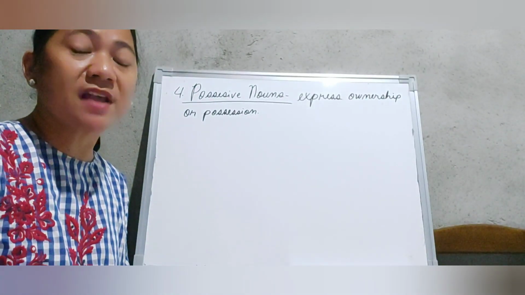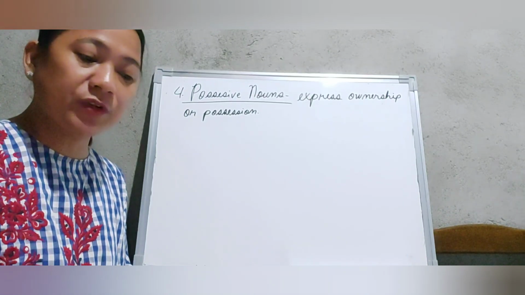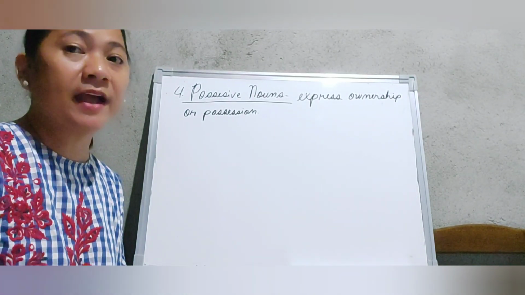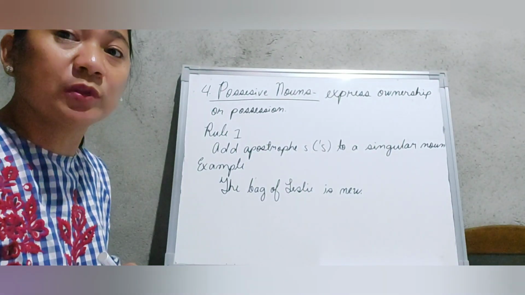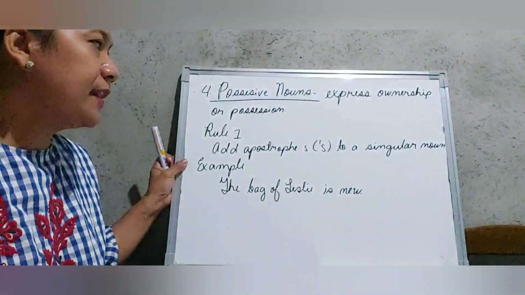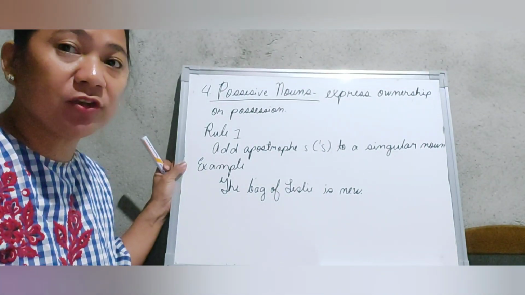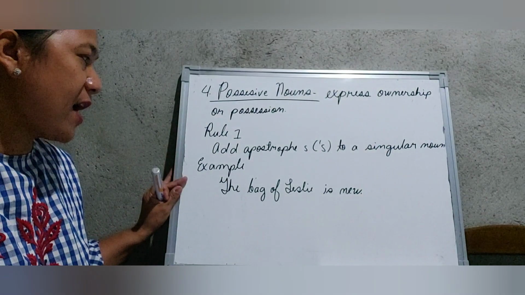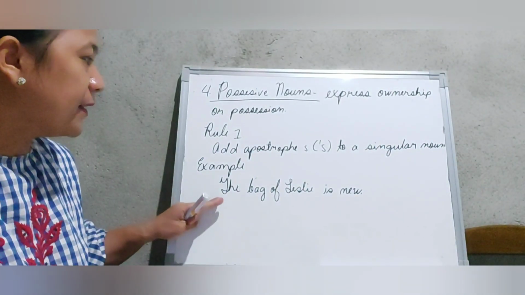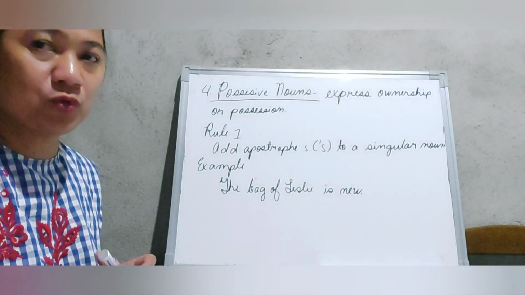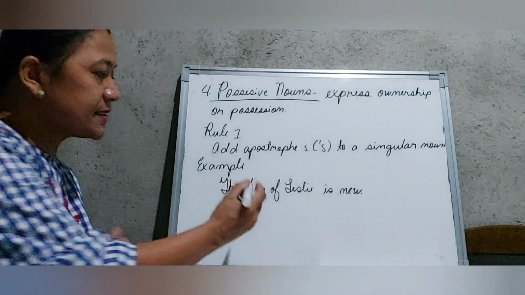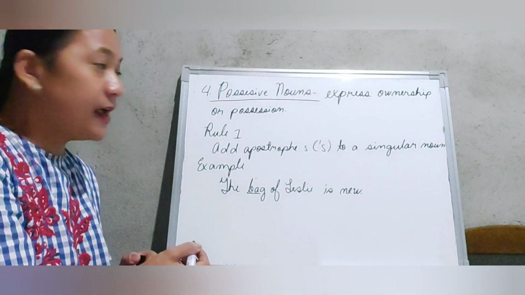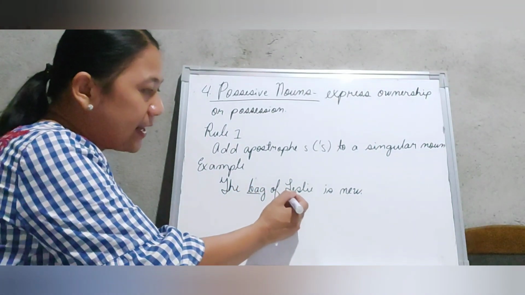So again, we have some rules to follow to show ownership or possession of a noun. And this is rule number 1. Add apostrophe S to a singular noun. So we have an example on the board. The bag of Leslie is new. The possession here is bag, and the singular noun is Leslie.